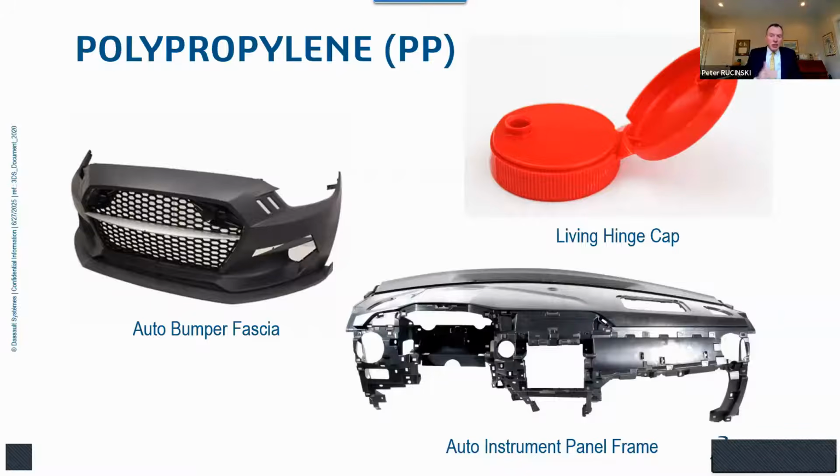And then again, the living hinge cap, maybe that's going to have some other application requirements besides just the living hinge, maybe some chemical resistance, maybe some sealing properties on the bottle that it screws onto. So all polypropylene, but I like to say 3 very different flavors of polypropylene.